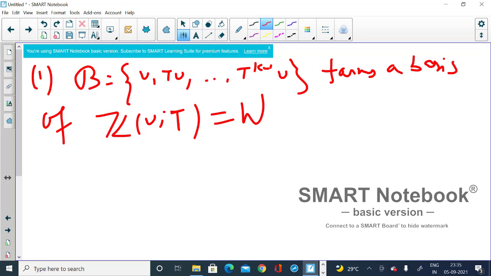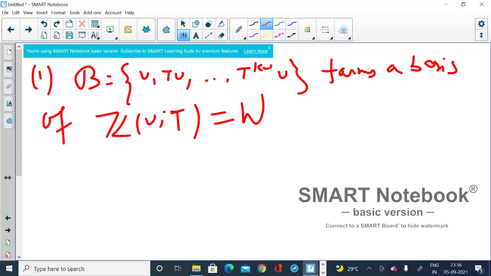Not only that, you can also talk about how the characteristic polynomial of T_W looks. T_W means that you restrict T on W, where W is this T-cyclic subspace. These come from something called the companion matrix, which we will prove. Maybe I will prove the next part later. First, let us prove this part.